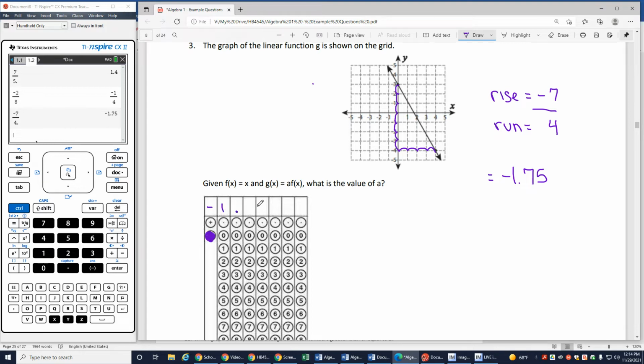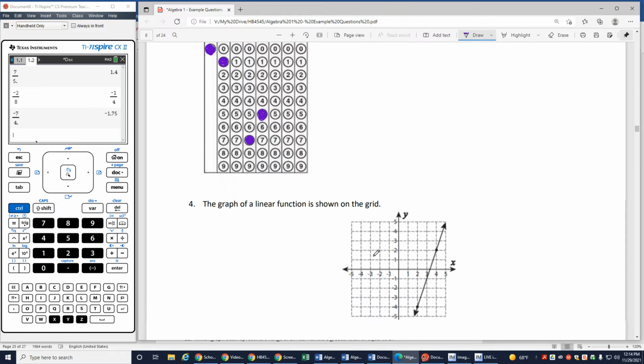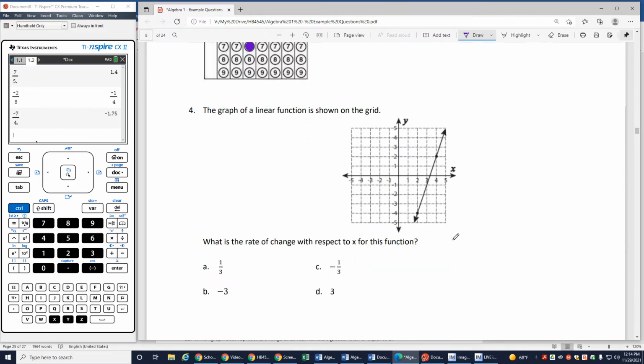Here I usually just start at the very front. 1.75. And then just double check, make sure you lined everything up. I did. I'm good. All right, 2 more for this video.